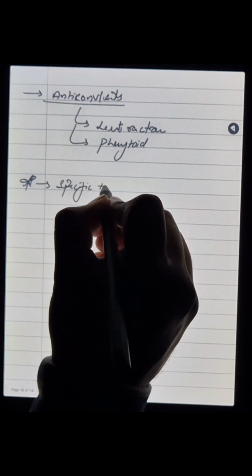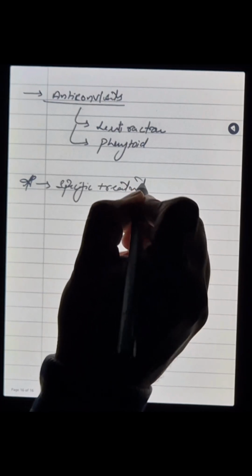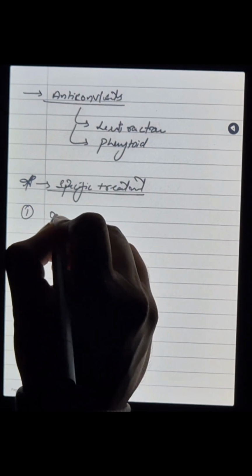Coming to the specific treatment. For specific treatment, number first is we use osmotherapy.